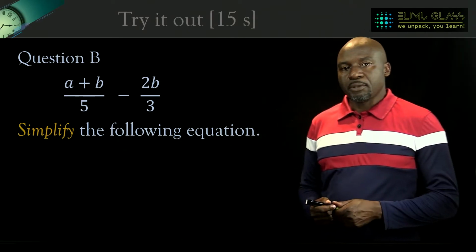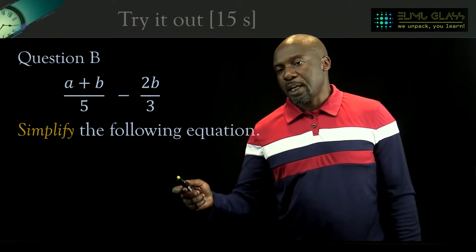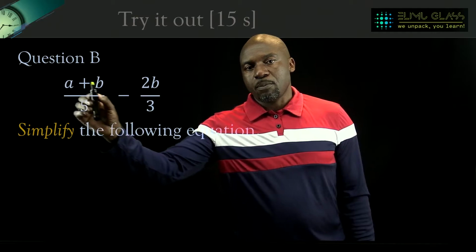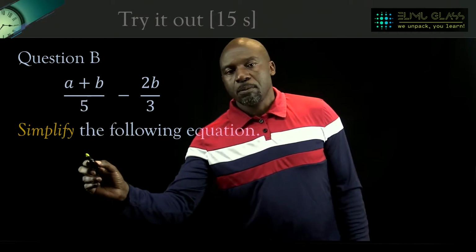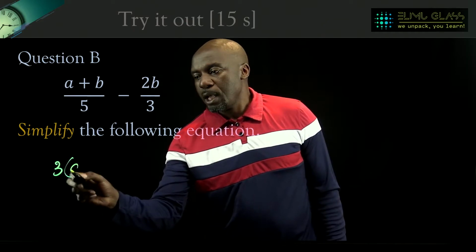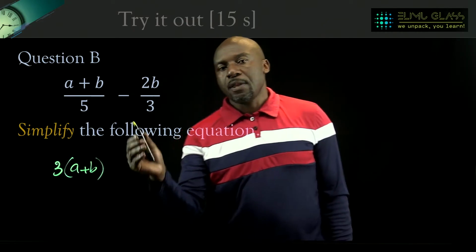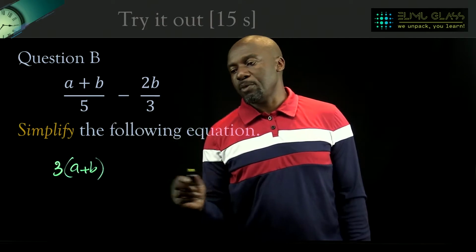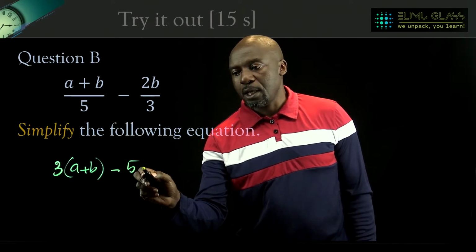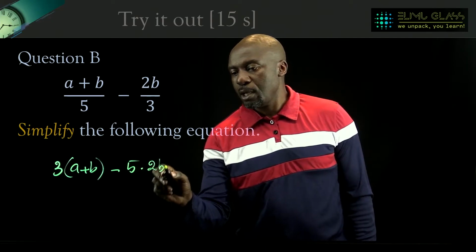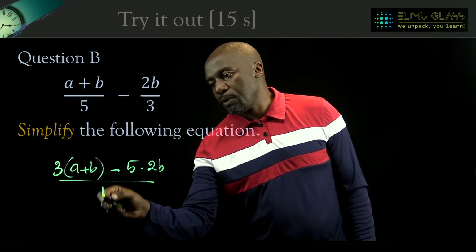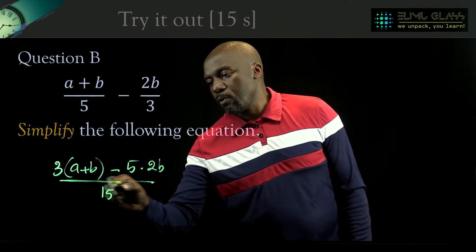So the best way to simplify this is to say the numerator, we're going to have 3 multiplied by that. So this becomes 3 into (a plus b), and then minus 5 times 2b, and everything divided by the product of the denominators, which is 15, and that's really what we have.